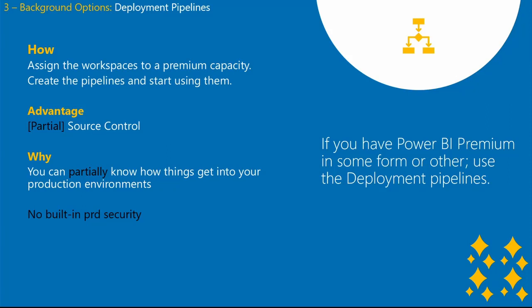Why is it partially? Because I've tried this yesterday or the other day, and the pipeline neatly provides test and production environments for you, but you can still go into the production environment if you have the proper permissions and go on and mess up things and change reports and whatever.